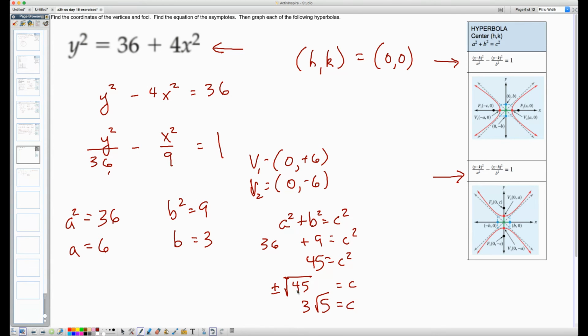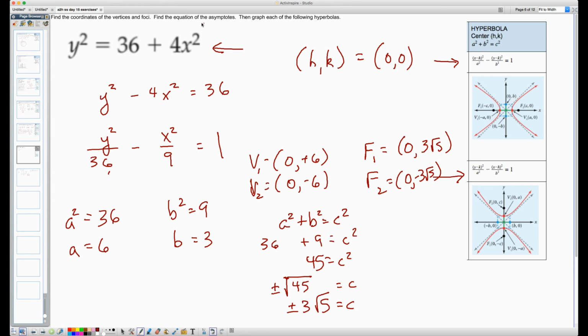I'll take the perfect square of 9 out of the 45. So focus 1 is (0, 3 square roots of 5) and focus 2 is (0, negative 3 square roots of 5).